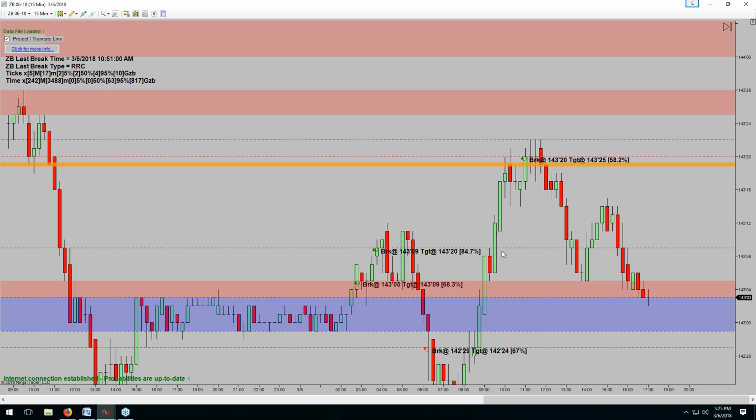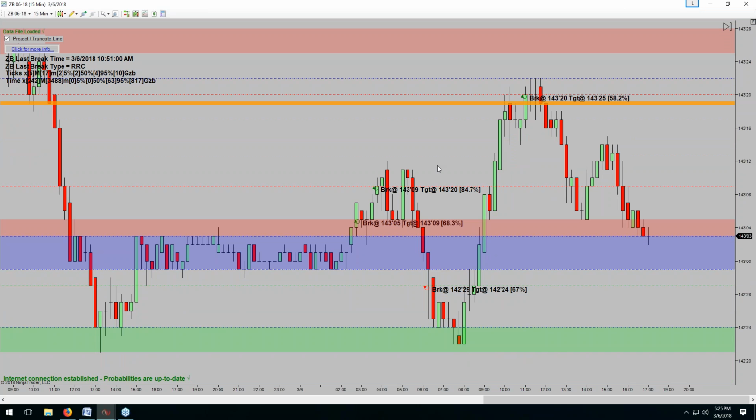And then if it sets up again here, obviously we're going to have more volume at 9 o'clock in the morning than at 2 or 3 o'clock in the morning in most cases on ZB.